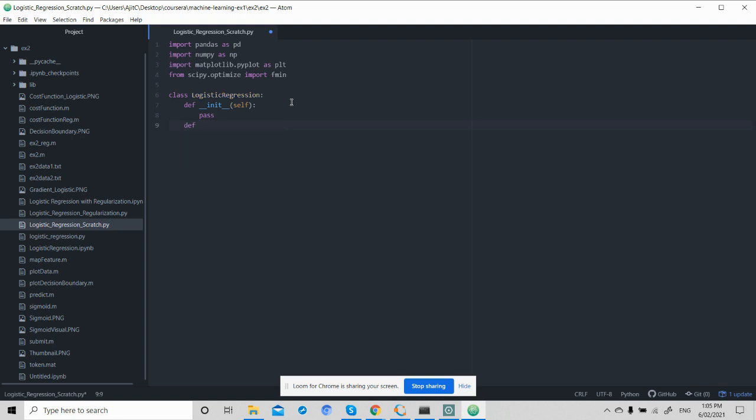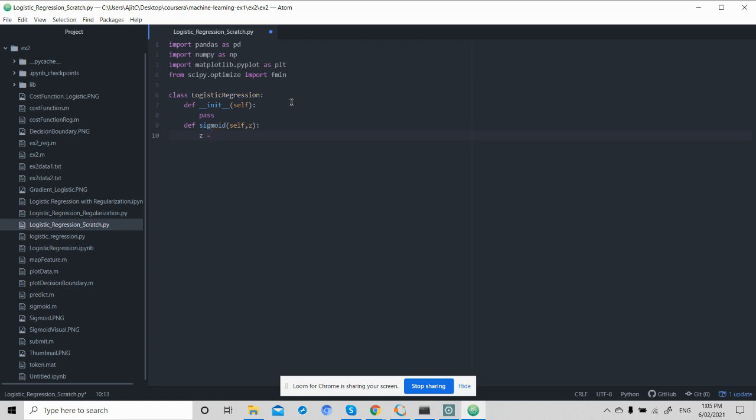Let's write another method. This is my sigmoid. My z would be my z theta.